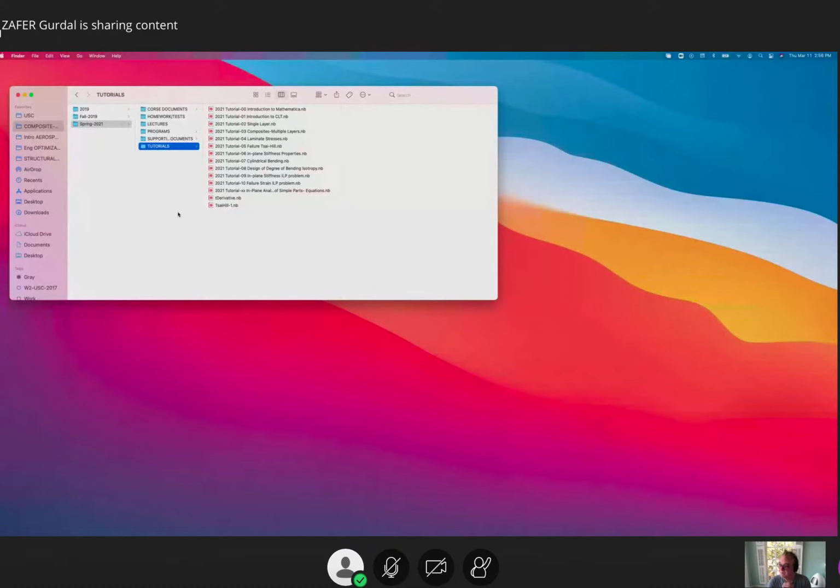And that way you can potentially find the best design.